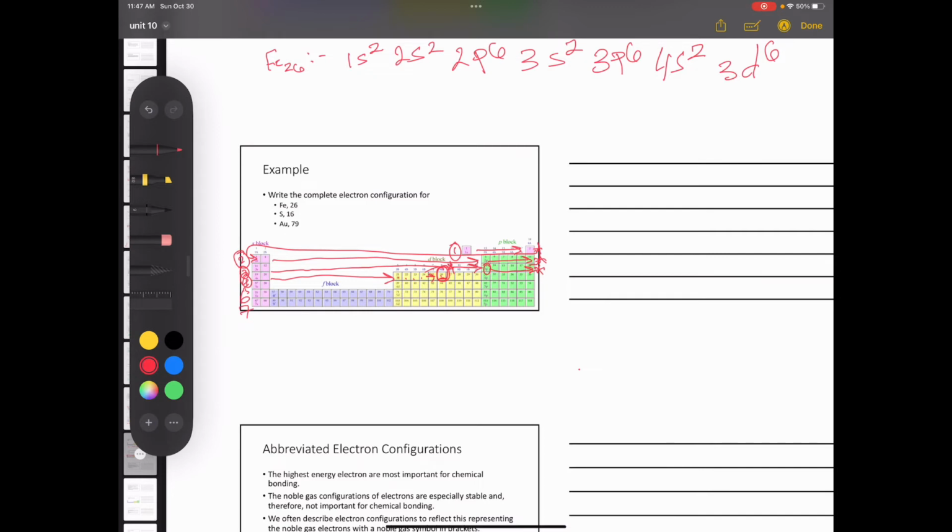I cannot continue because I have reached my maximum number of electrons for iron, which is 26 electrons. This represents the electron configuration for iron, for neutral iron.